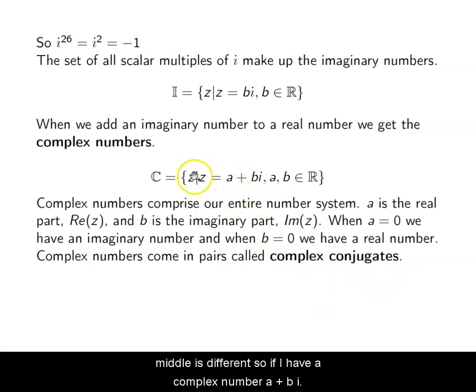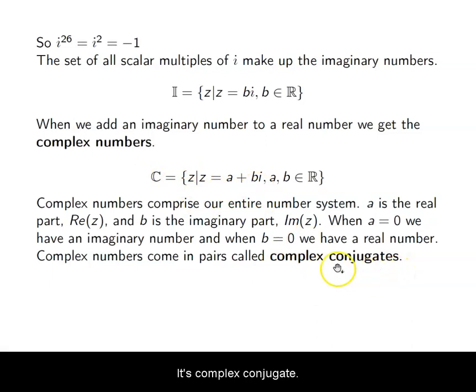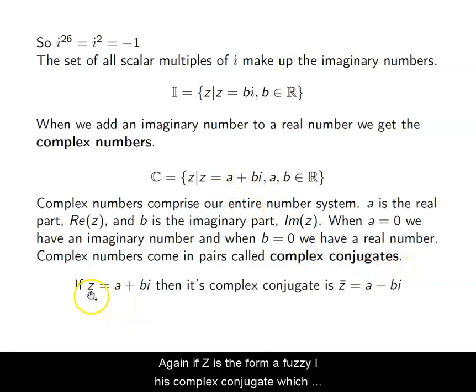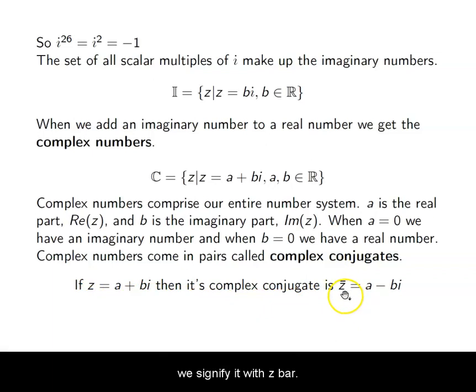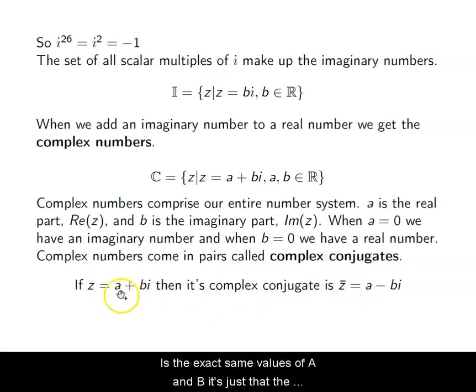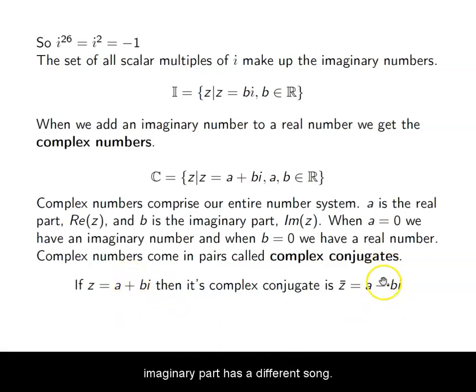So if I have a complex number a plus bi, its complex conjugate is a minus bi. Again, if z is of the form a plus bi, its complex conjugate, which we signify with z bar, has the exact same values of a and b. It's just that the imaginary part has a different sign.